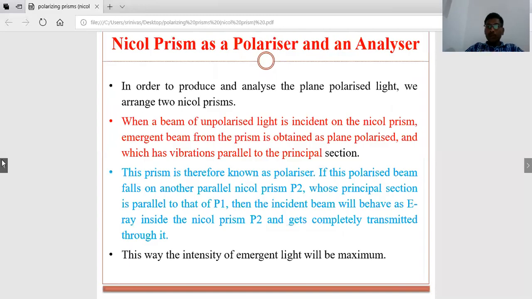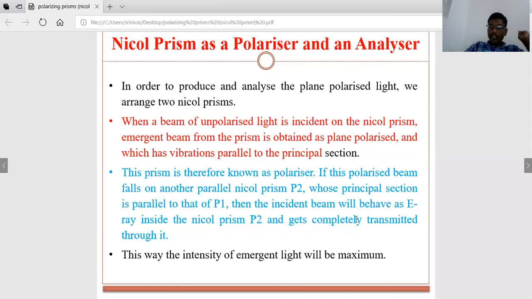When a beam of unpolarized light is incident on the Nicol prism, the emergent beam is plane polarized, as already discussed, with vibrations parallel to the principal section. This prism is therefore known as a polarizer. This polarized beam falls on another parallel Nicol prism P2, whose principal section is parallel to that of P1.